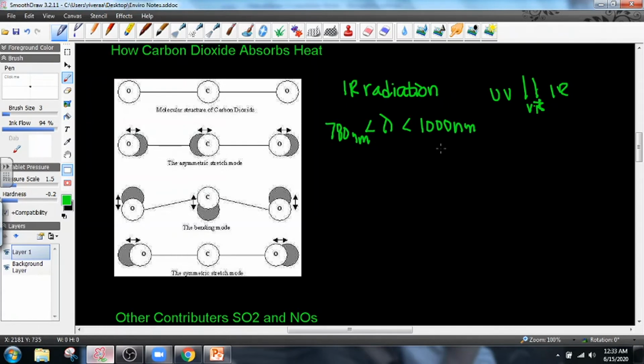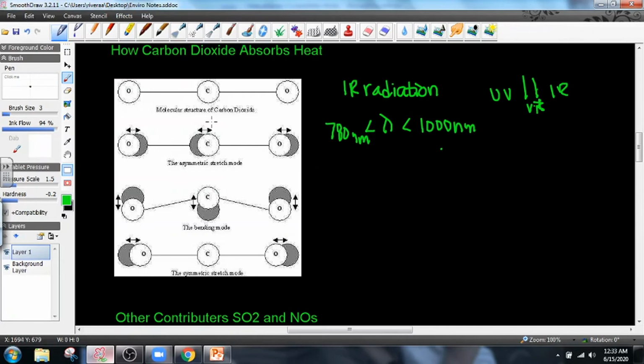These wavelengths in here are the perfect wavelengths that can actually change the vibrational frequency of a carbon dioxide molecule. Everything's quantized, right, you guys? These bonds have a certain amount of energy and they have a certain vibrational frequency. Now, normally a carbon dioxide molecule is linear and non-polar.